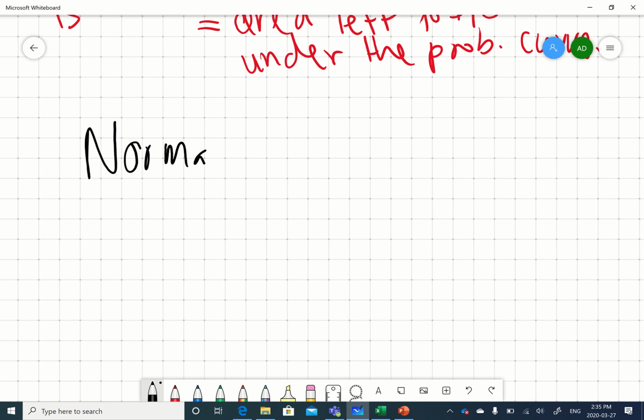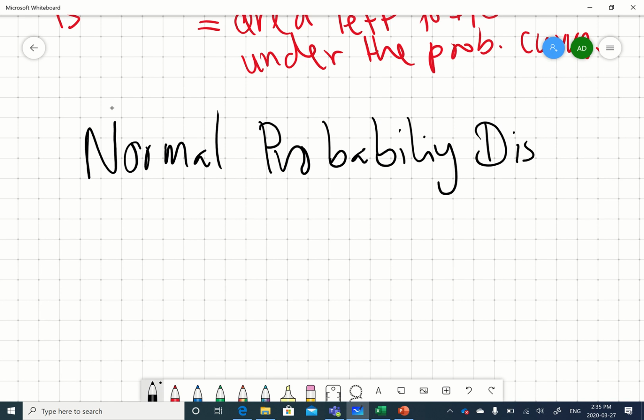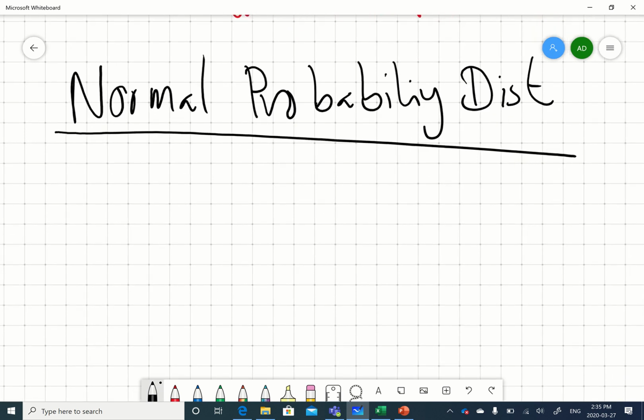It's just another name for a probability distribution, like we had binomial and Poisson. If a continuous variable happens to follow certain characteristics, we say this variable follows a normal probability distribution.